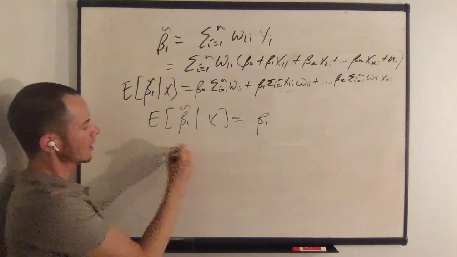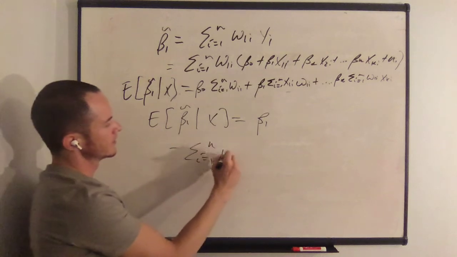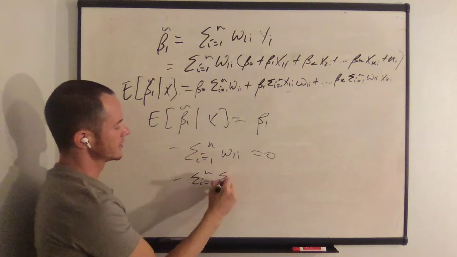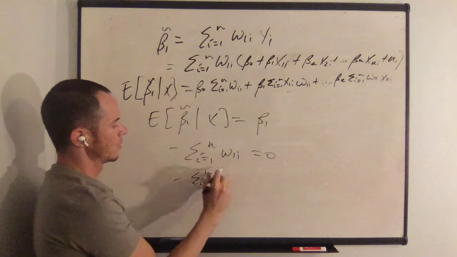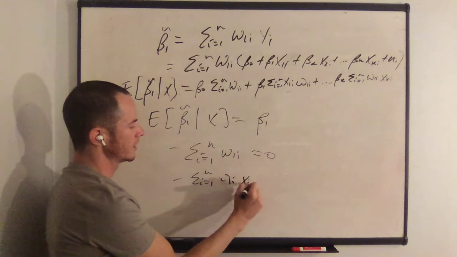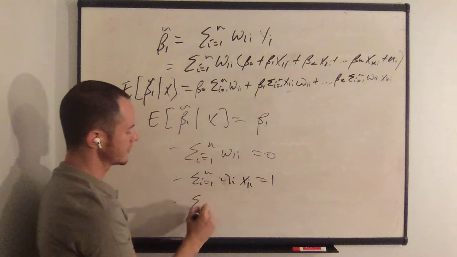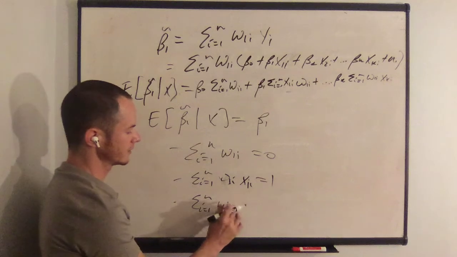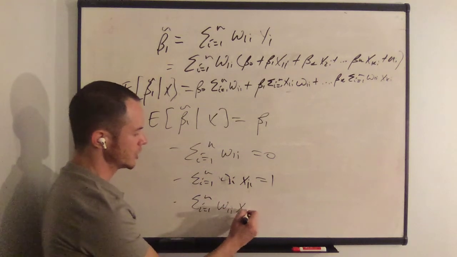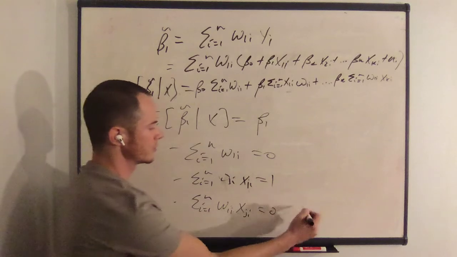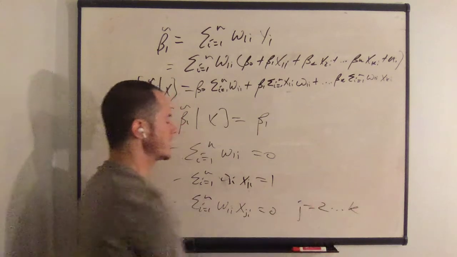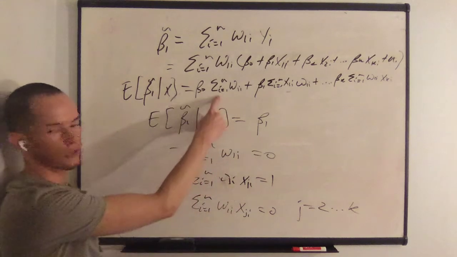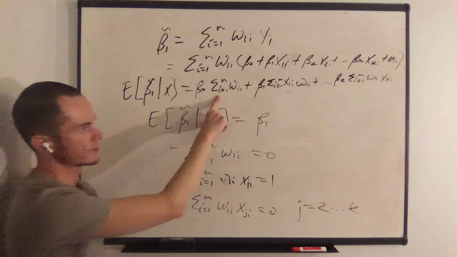Well, if the sum from i equals 1 to n of w1i equals 0, the sum from i equals 1 to n of w1i x1i equals 1, and the sum from i equals 1 to n of w1i xji equals 0 for j equals 2 through k, then this term gets wiped off the map because that's equal to 0.